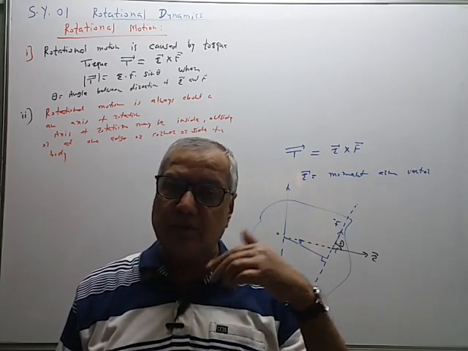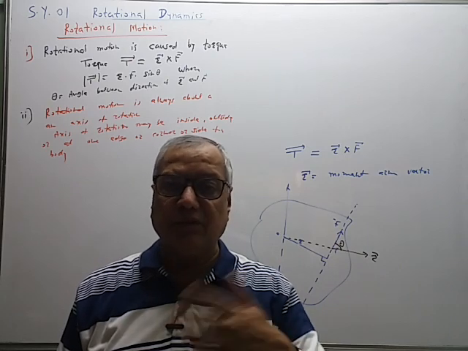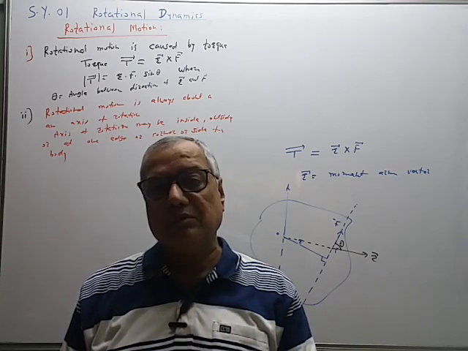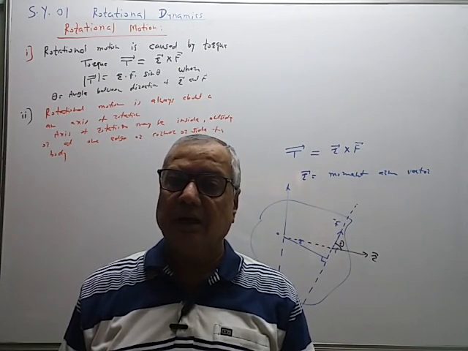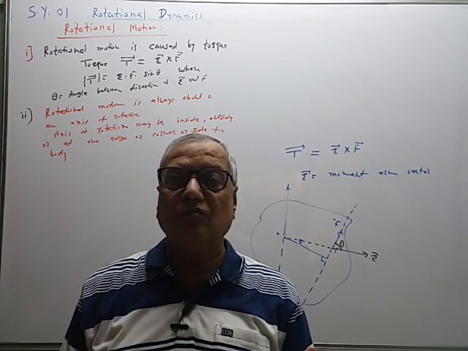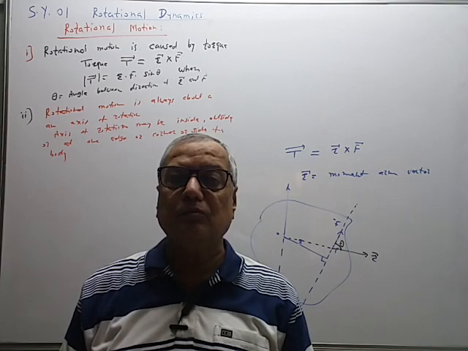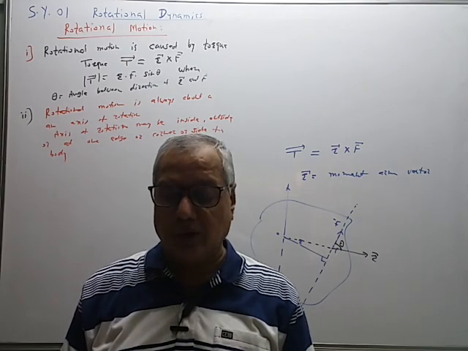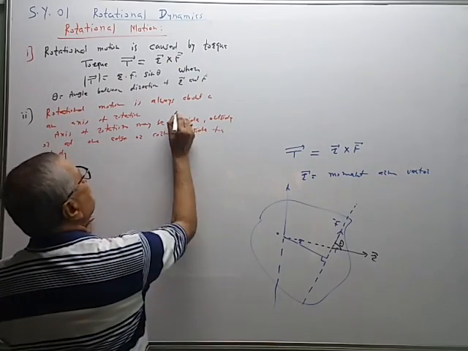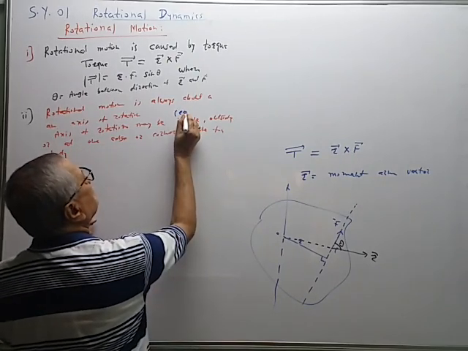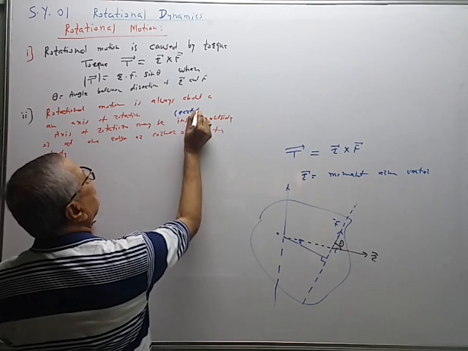So the axis of rotation may be inside the body; examples are the fan and the Earth. It may be outside the body; the example is a ring. And it may be at one edge, corner or side of the body; the example is the door. So you can remember these examples. Inside the body means Earth, fan.